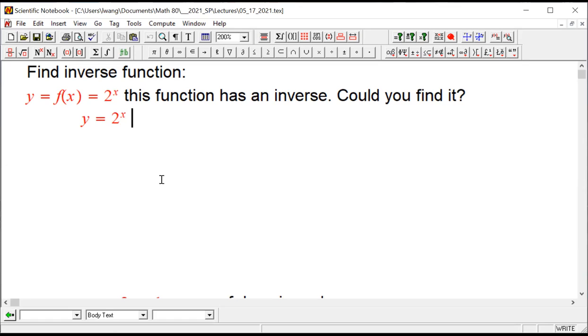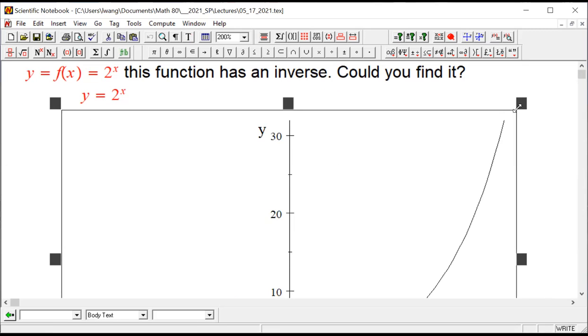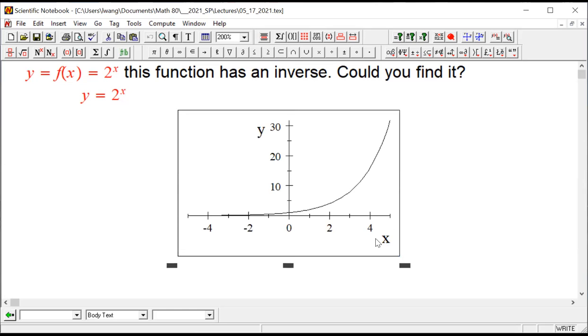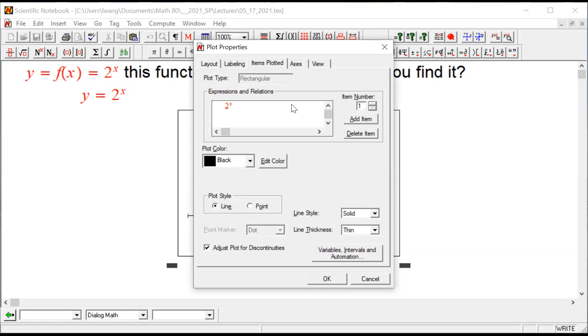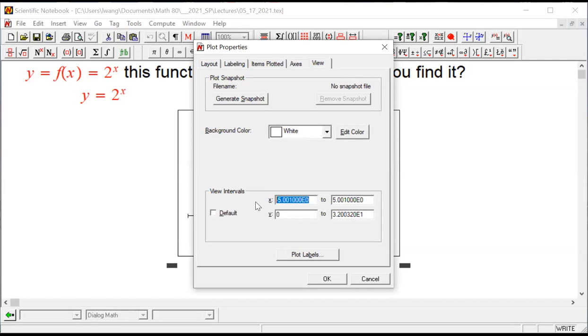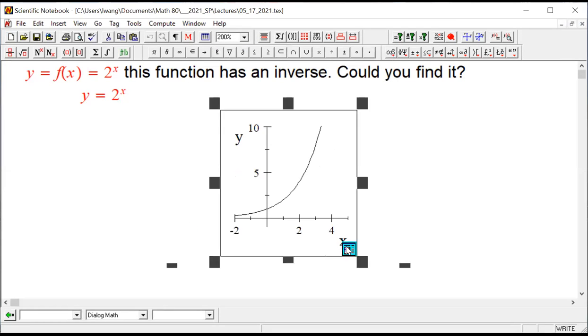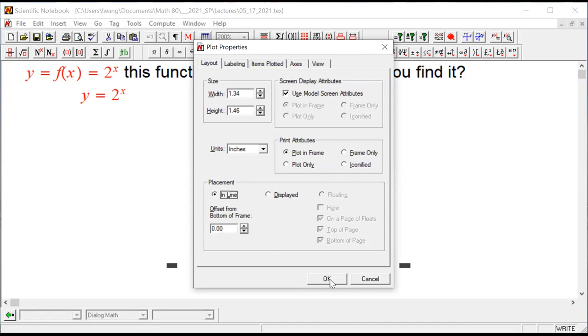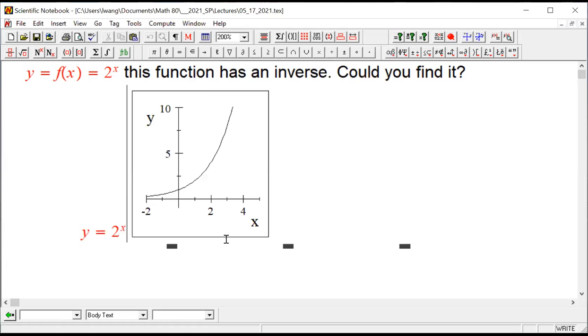Well, we have seen the picture, haven't we? So if we just draw 2 to the power x itself, does it pass the vertical line test and the horizontal line test?